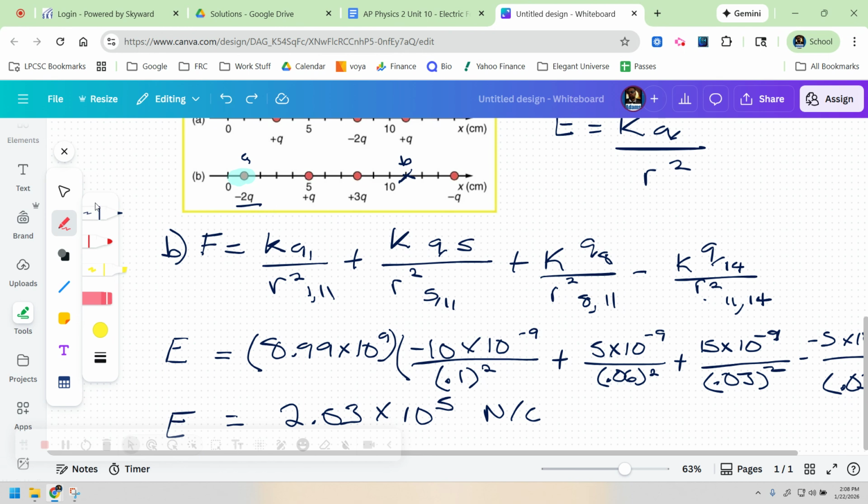So first let's talk about how that's going to happen. For part C, this is going to move towards this, and this is going to move towards this. These two are going to repel each other because there are like charges. And then because this is an opposite charge, this will move towards this, and this will move towards this. So what this will look like is you're going to have a charge here that's going to have a net charge of 1 plus -2.